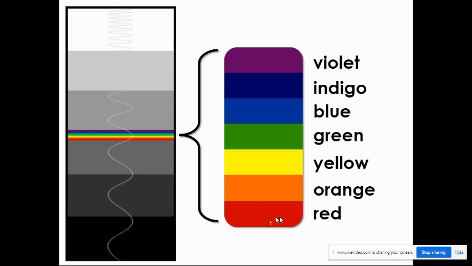We'll start with red. Red, orange, yellow, green, blue, indigo, and violet. We use the name Roy: red, orange, yellow, G, middle initial, Biv is the last name. Roy G. Biv is the way to remember the colors of the visible spectrum, or the rainbow: red, orange, yellow, green, blue, indigo, and violet.